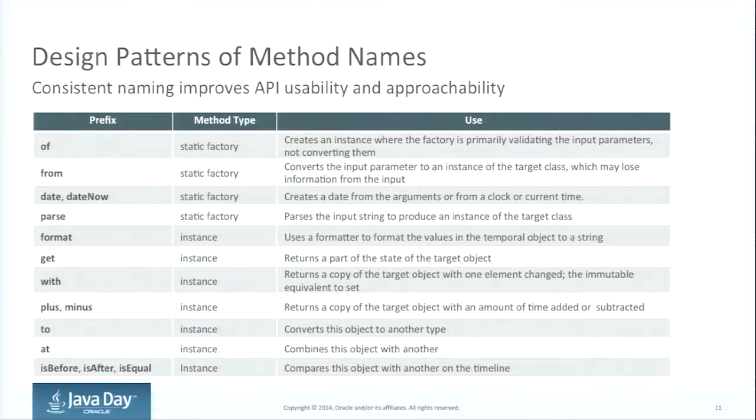As I said, the design patterns changed, so a lot of the time we're going to be using static methods to create dates. We're going to be using a lot of create-from methods, for example local date from particular information. This is just a snapshot of the way we're creating things. Again, we don't see the usual get method or set method that we have in the Java API, because we cannot modify the objects.